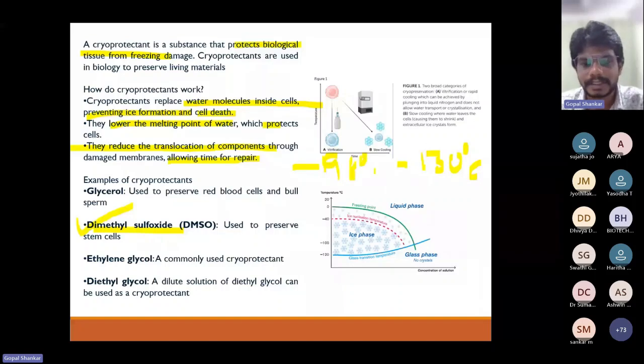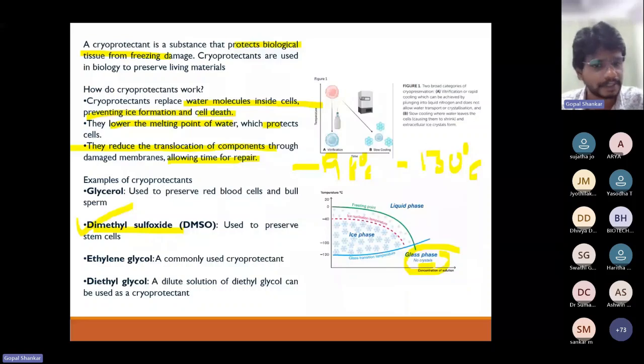The concept here is that you see, 0 is the freezing point. When you go down in temperature to minus 40, what happens? There is the ice nucleation temperature, so there is an ice phase formation. But when you go below minus 120, you can bypass this ice phase, that is the liquid phase, and directly go to the glass phase. When you go to this glass phase, there is no crystal formation.